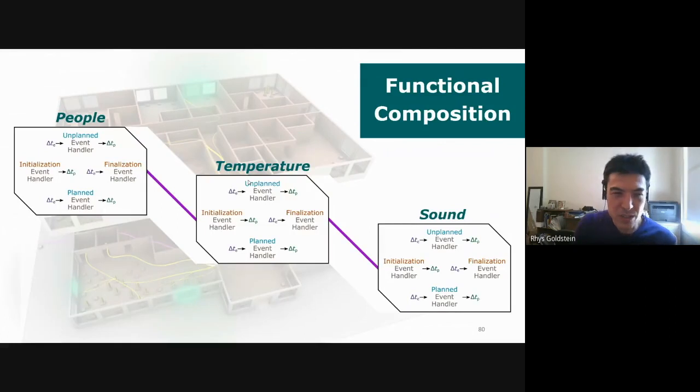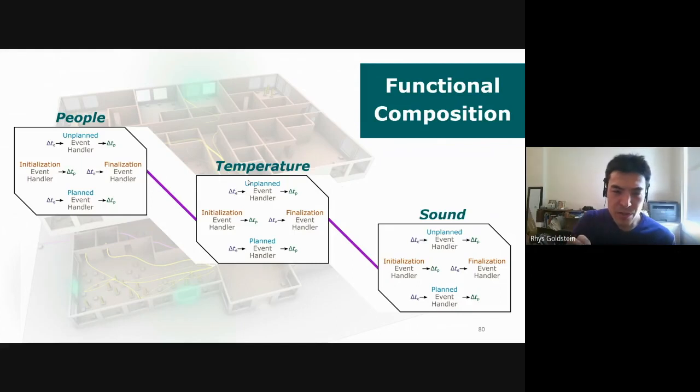So let's take a look at this composition. You might have the top level with people, temperature and sound being three different models. Each of them could have a separate composition inside, so you could have many people in the people model, which would be like a topological composition.